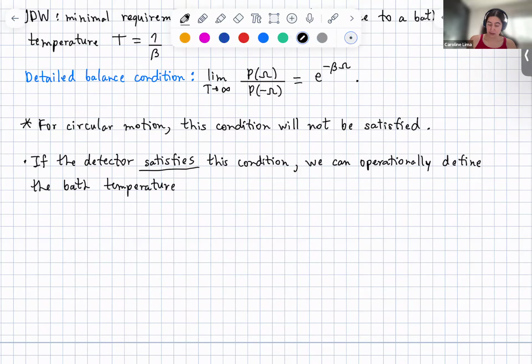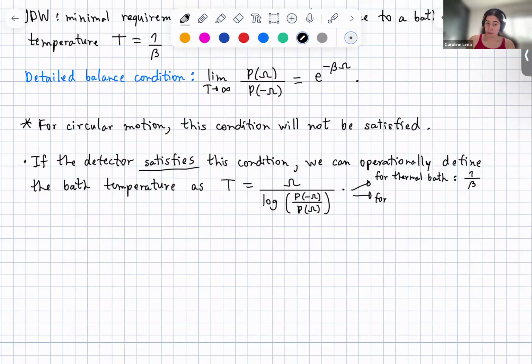So the bath temperature is going to be defined as simply omega times the log of the probability of de-excitation over the probability of excitation. And as it should, for the thermal bath, obviously this is going to be simply 1 over beta.